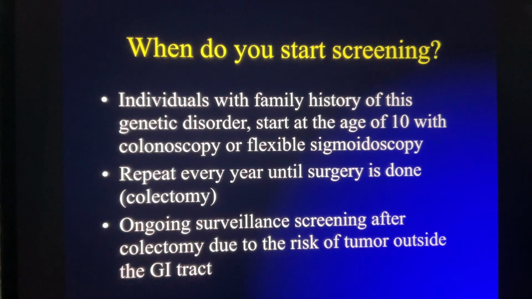Next, when do you start screening? All right? This is where I get most of the questions. When do you start screening? So if you are an individual and you have a family history of the genetic disorder that we discussed, the FAP disorder, that means you have to start screening at the age of 10 using colonoscopy or flexible sigmoidoscopy.